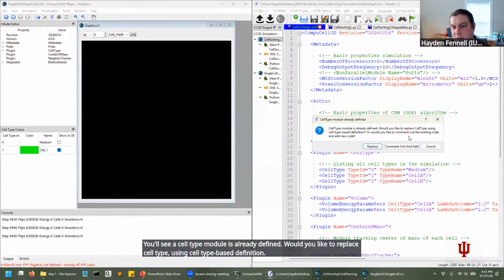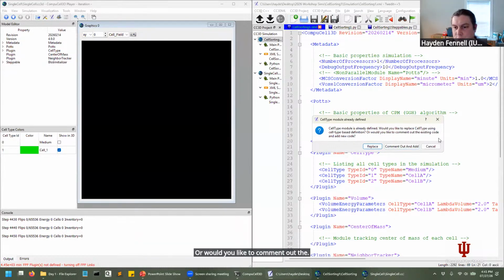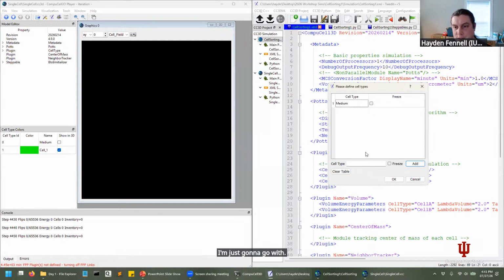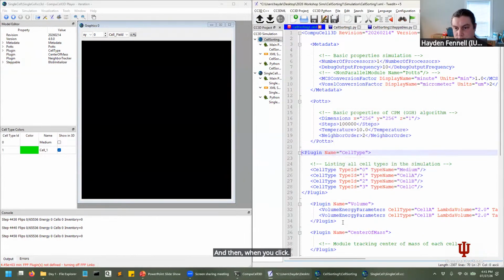Or would you like to comment out the existing code and add new code? So this basically lets you decide if you want to overwrite it or if you want to keep your old settings just in case. I'm just going to go with replace. And then you can add this way. And then when you click OK, it'll overwrite your cell type plugin.